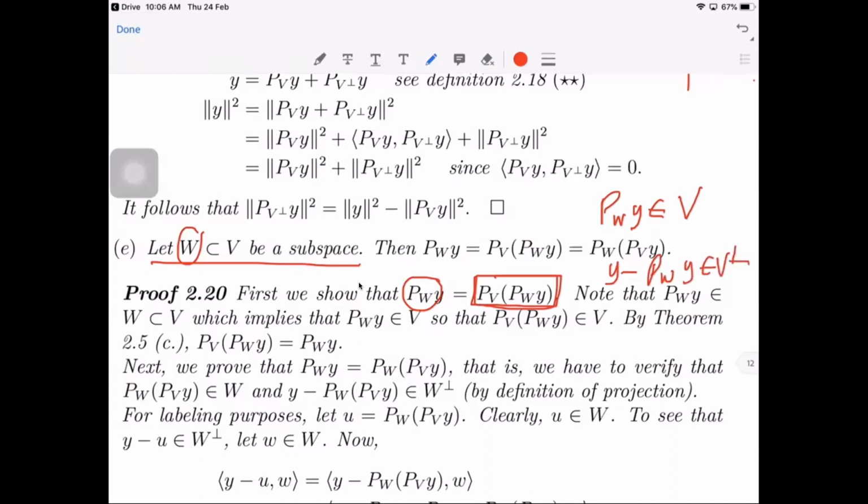Okay, note that the projection of Y onto W is in W, which is a subset of V, which implies that it is in V. And then, the projection also is in V. Okay, correct. Then, by theorem 2.5c, the projection of this vector onto V is just the projection of Y onto W. Let's check theorem 2.5c.